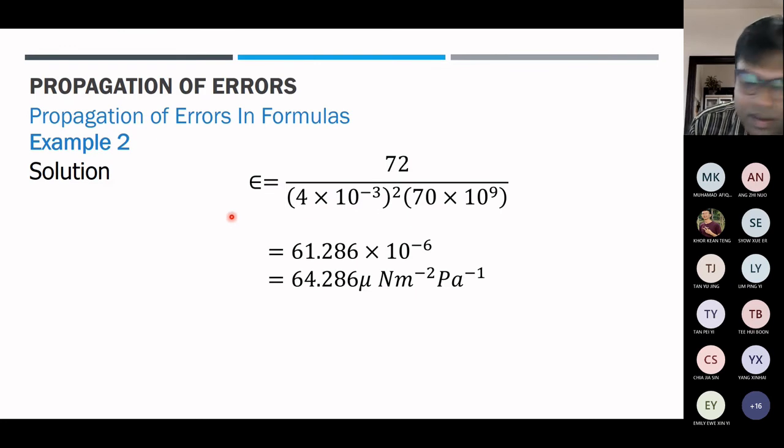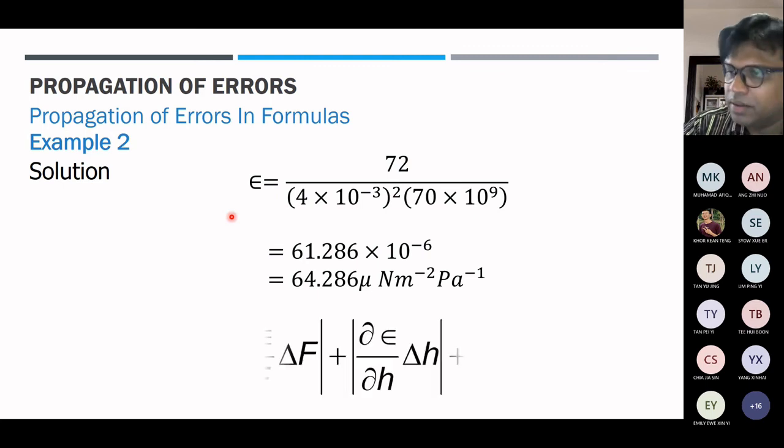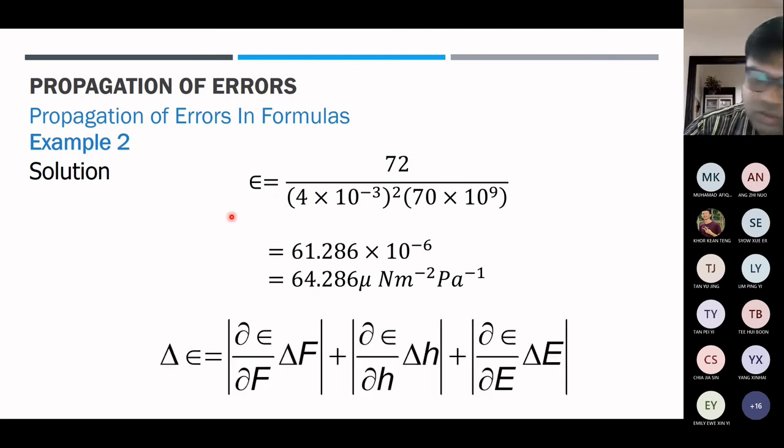The strain value. So now we're going to look for the error terms, the error term for each element which is given in the question: for the force, as well as the H, as well as the energy. So now we're going to use the error propagation formula in order to determine those values.